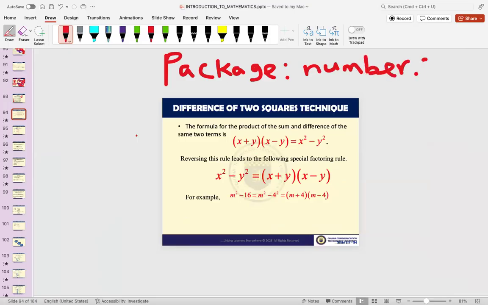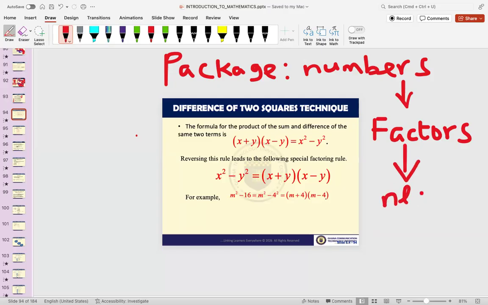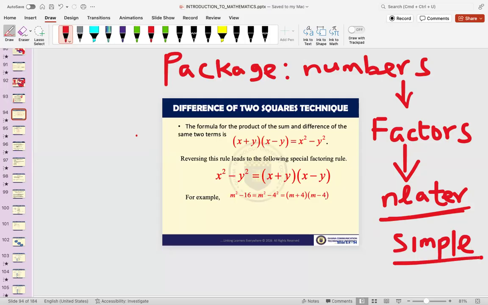And anytime you package numbers, you can only package the numbers into a terminology called factors. You package numbers into factors. And once you package numbers into factors, it becomes neater. It doesn't become clumsy, but you are able to make it simple for everybody to understand. Okay, so that is all we are doing.